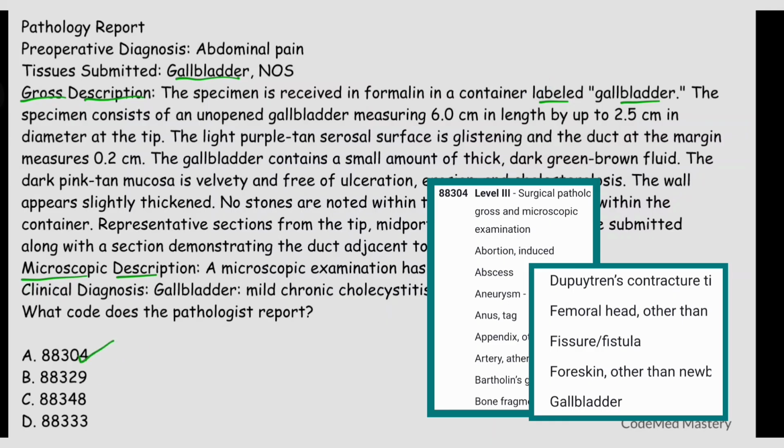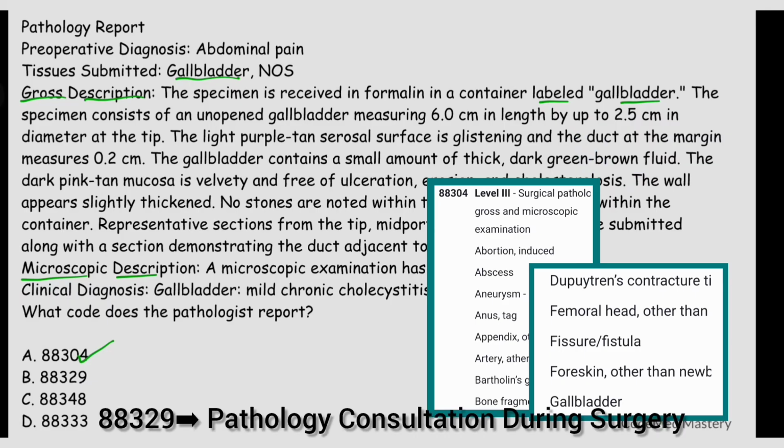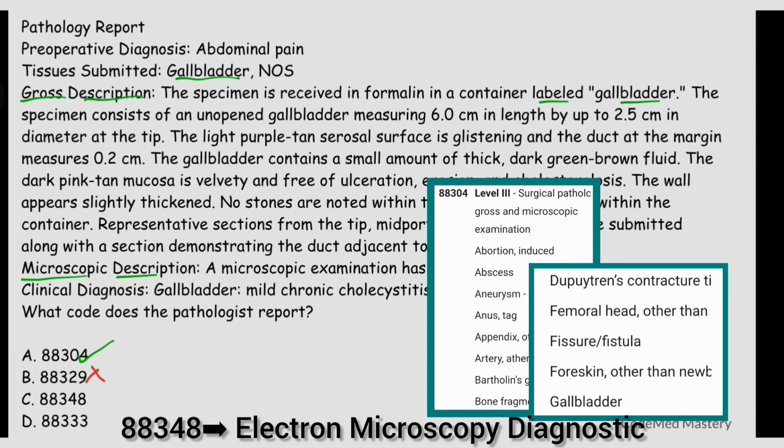So 88304 is the right answer. Let us check why other options are wrong. Option B, 88329, is for pathology consultation during surgery. In this scenario, anywhere they have not mentioned pathology consultation, right? So eliminate option B. And option C, 88348, is for electron microscopy diagnostic. In the scenario, they have not performed electron microscopy.